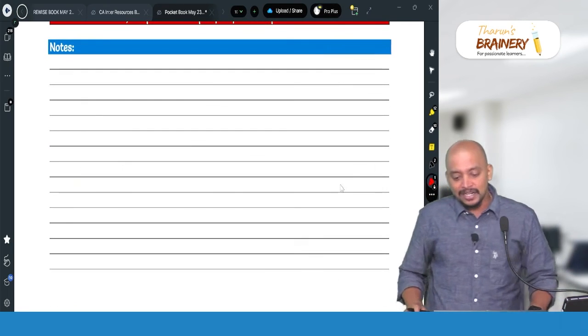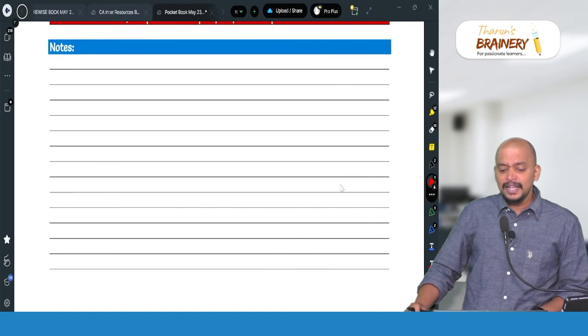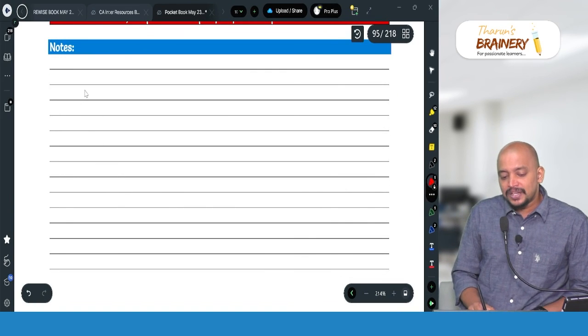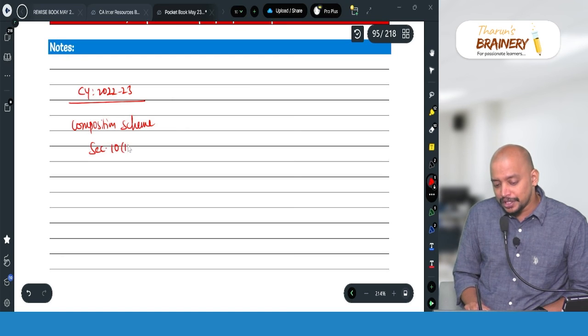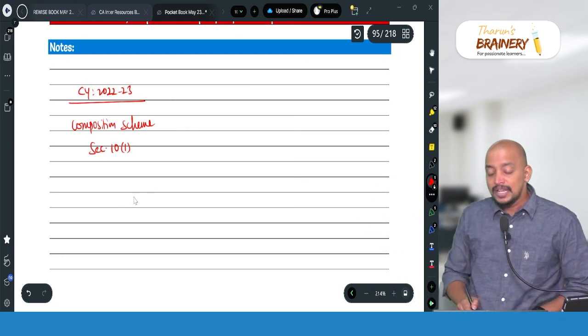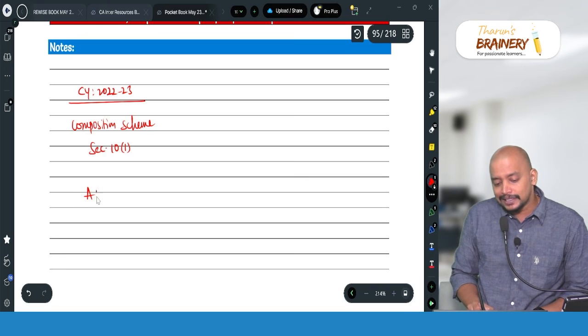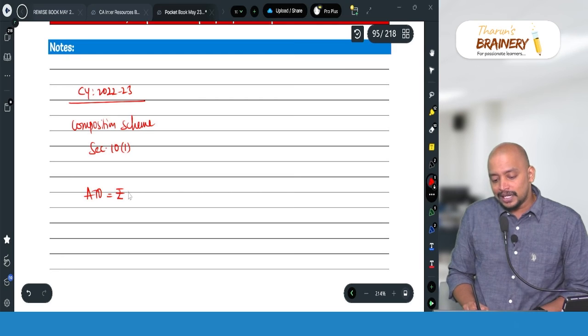So what does it mean? See this, say during the current year 2022-23, you are under composition scheme section 10 subsection 1, and in the current year 2022-23 only you commence the business, and your aggregate turnover is total 240 lakhs.